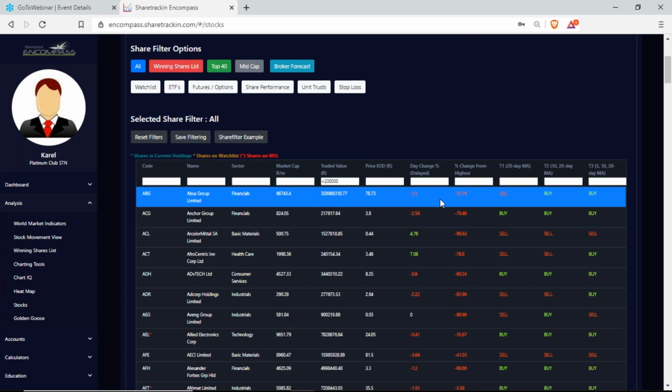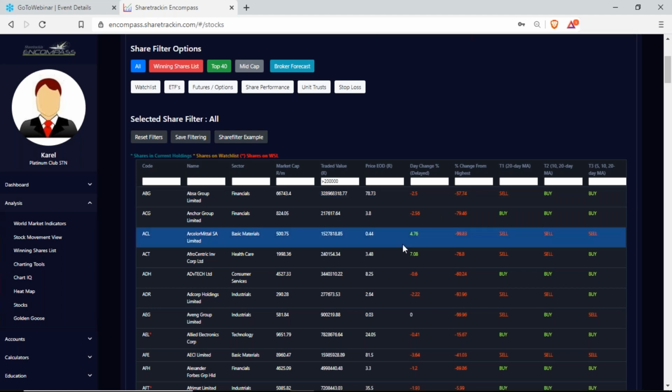Next one is our day change percentage delayed. Your delay tells us that we update every 15 minutes. We are not completely live, but it's not a big crisis because most of the other platforms are also delayed. Your day change percentage is the movement, percentage wise, the share had for the day. So now I can see it went negative, ABSA for example, by 2.5%.